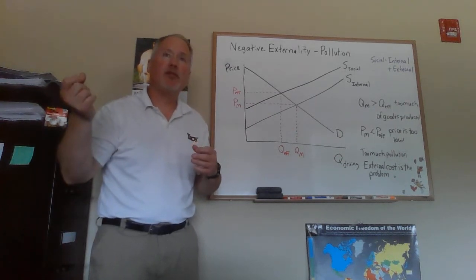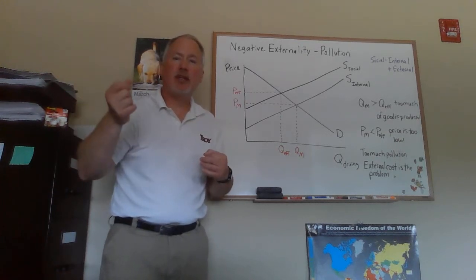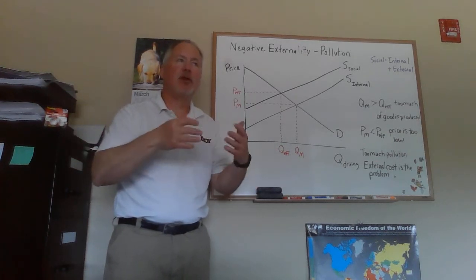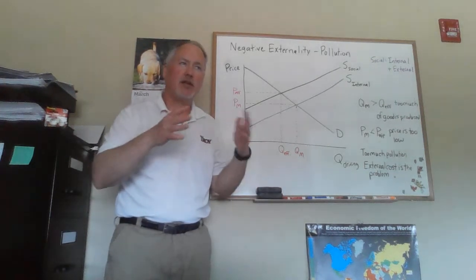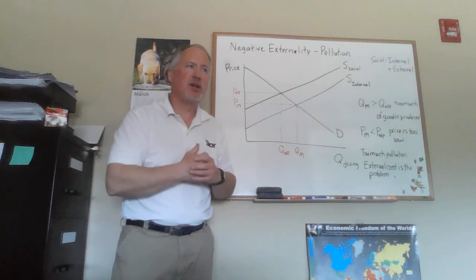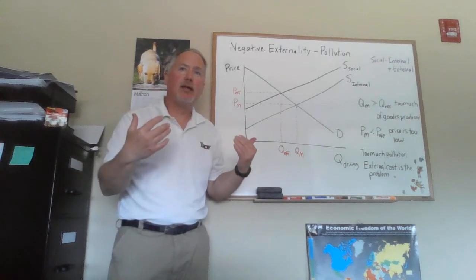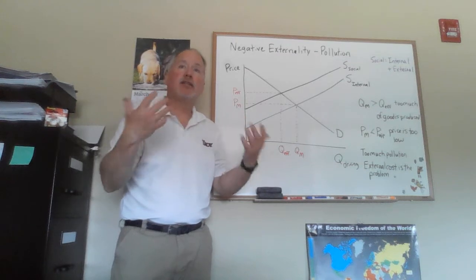Another way to think about this is to say that when you drive, you're using some clean air as an input in the production of driving. It may be a weird way to think about it, but what I think is good about that is that it's an input, and it's a scarce resource.